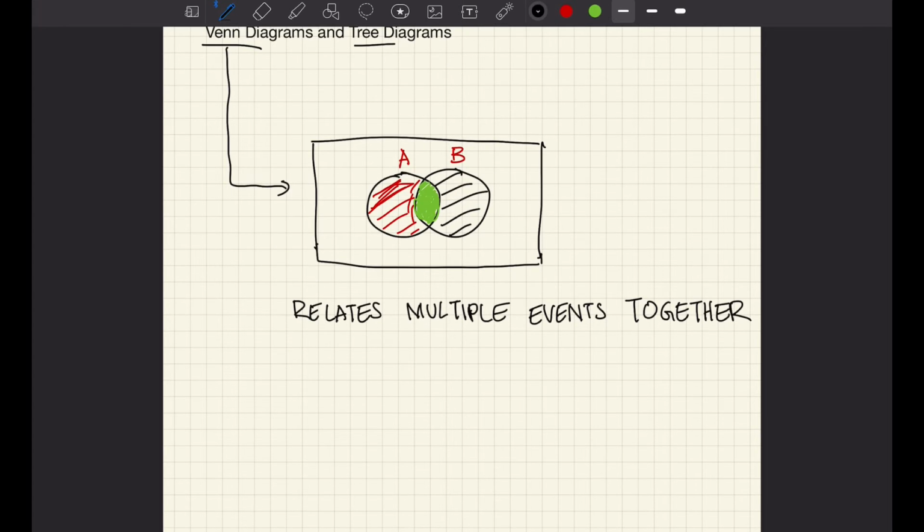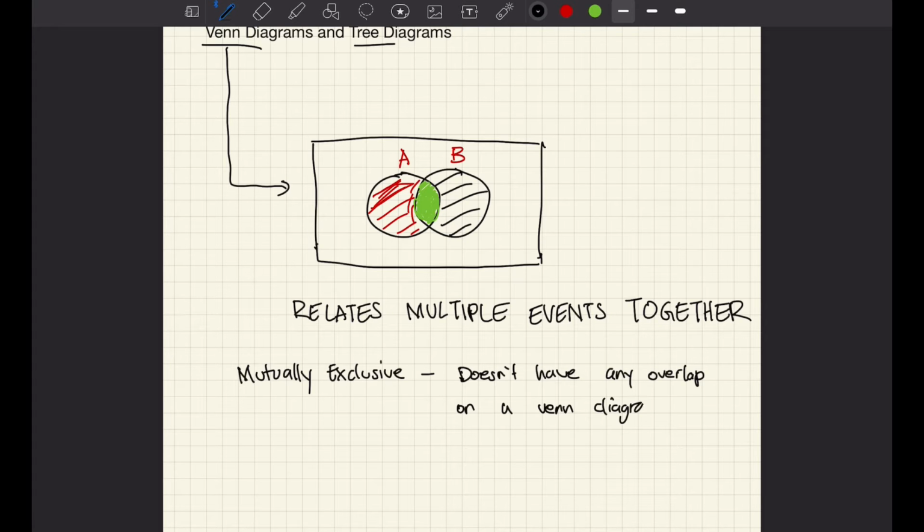Now this can help us with mutually exclusive and non-mutually exclusive events. So a mutually exclusive event is an event that doesn't have any overlap on a Venn diagram.